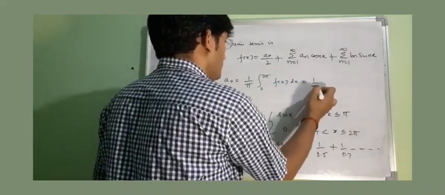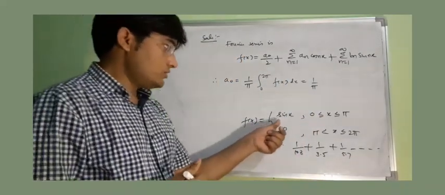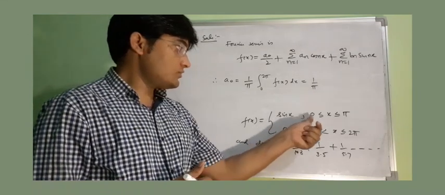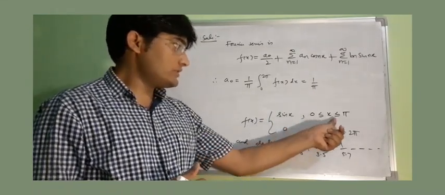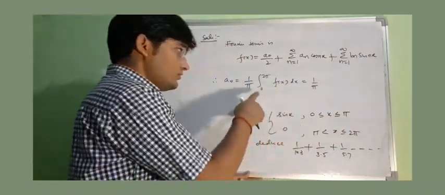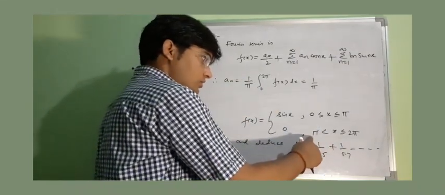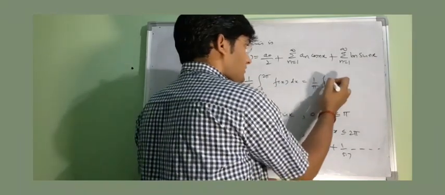So this is equal to 1 upon pi. Now you can see that the function has two values. One is 0 and another is sin x, and the value of f(x) is sin x when x varies from 0 to pi. So we can break this interval in two parts, one from 0 to pi and then from pi to 2 pi. In case of pi to 2 pi, the value of the function is 0, so there is no need to write that part.